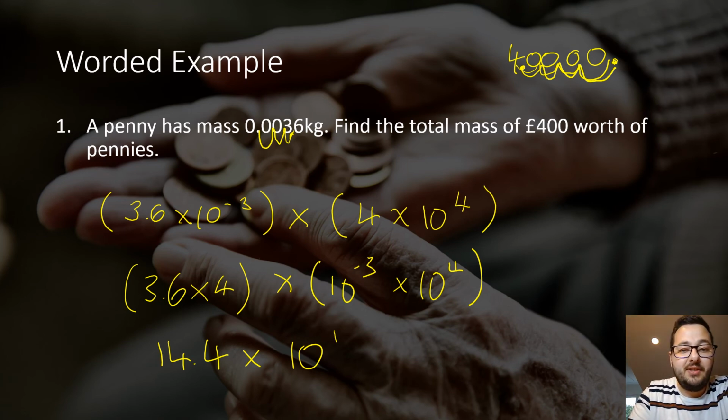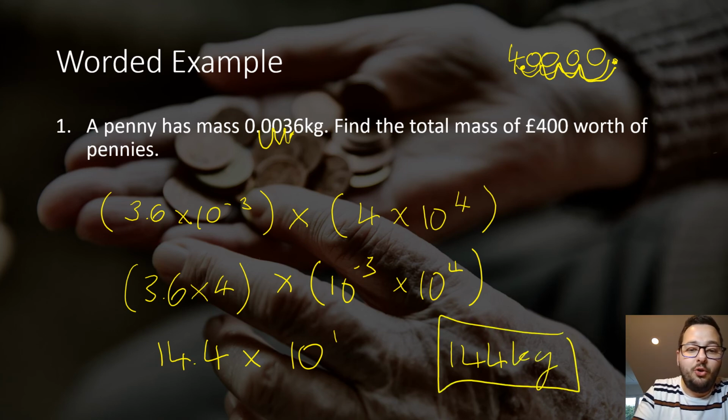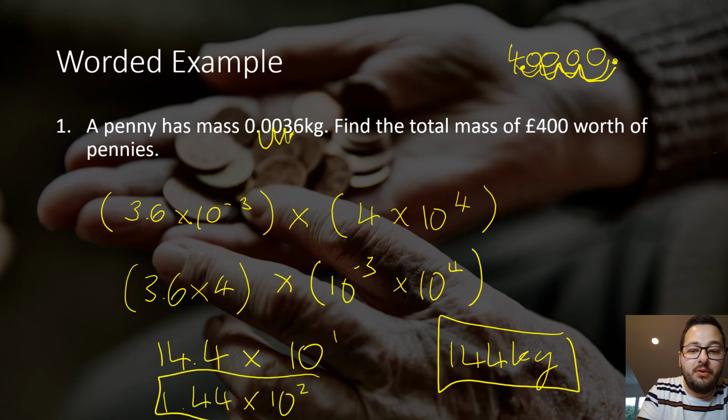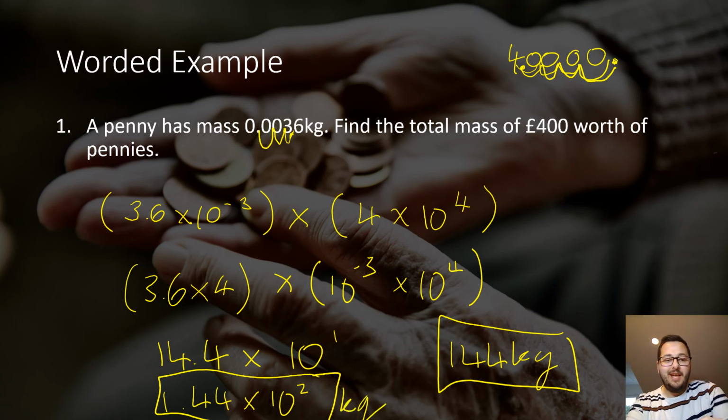Okay, now it doesn't say to give this in standard form, but we can. So you couldn't just times this by 10, so this is just going to be 144 kilograms. Or in standard form, this would be 1.44 times 10 to the 2 kilograms.